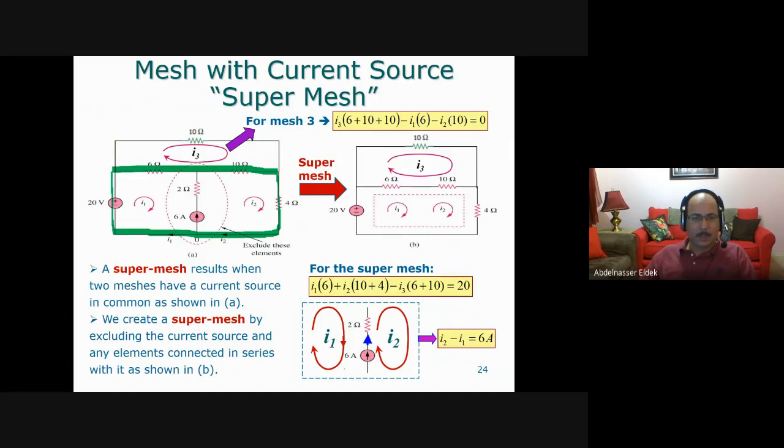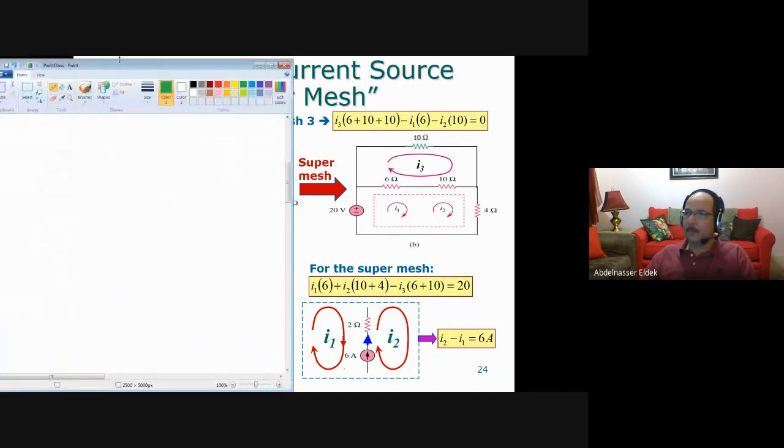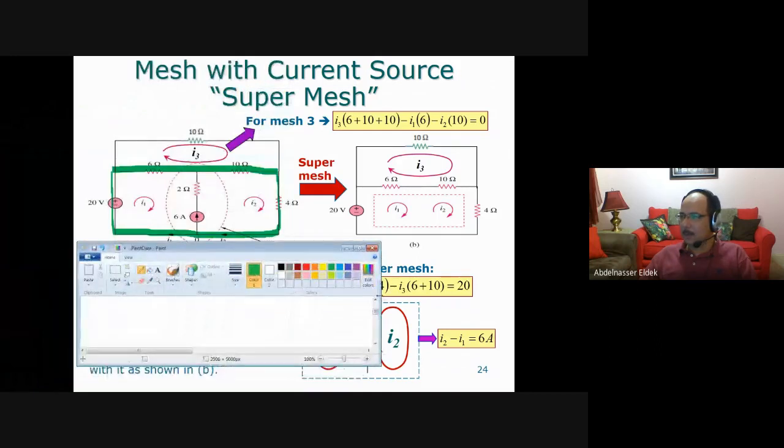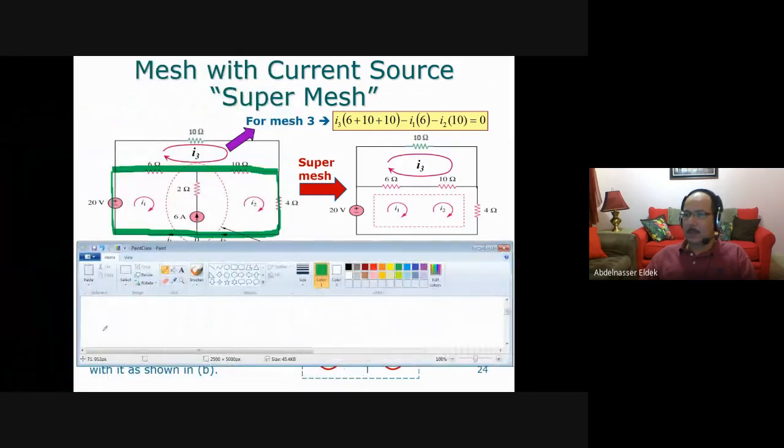Let us write it here together. So the mesh current is I1 plus the other current I2. So we have two mesh currents here, that's why you have plus. Okay, minus the intersection.